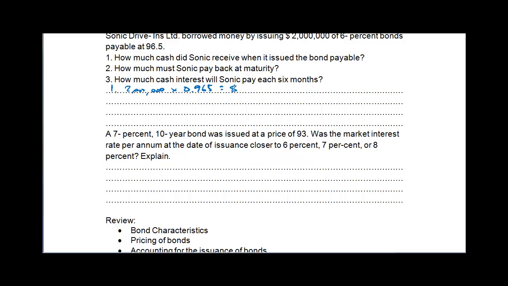So, doing the math, they actually collected $1,930,000. 2. How much do they have to repay? Well, they repay the maturity value, which is $2 million. And 3, how much is the interest payment every 6 months? Well, maturity value times 6% times 6 over 12, $60,000. And we'll carry this on in part 3 of the lecture.